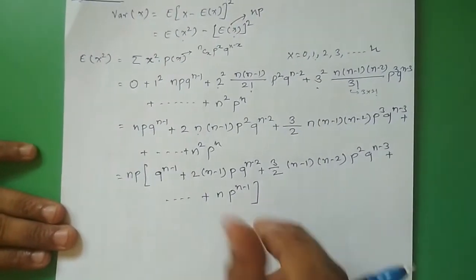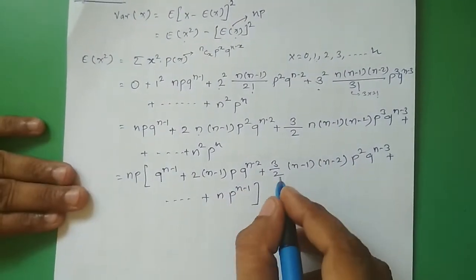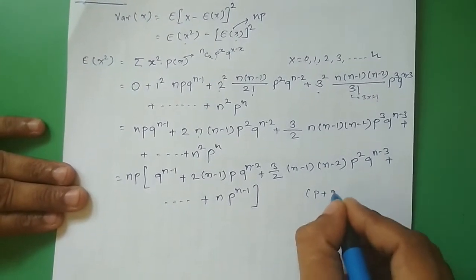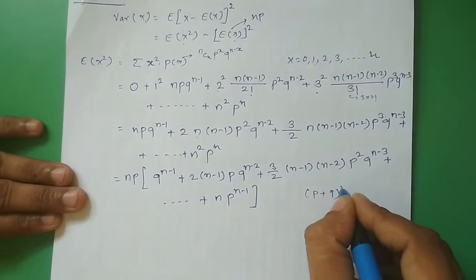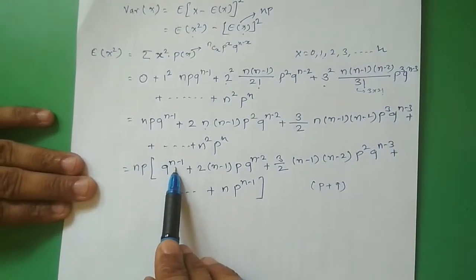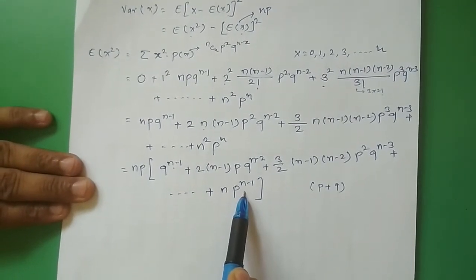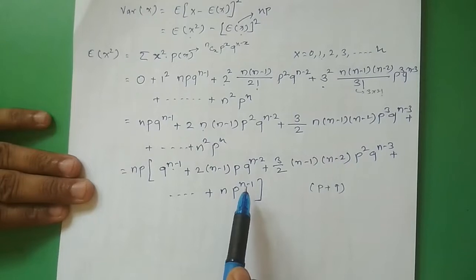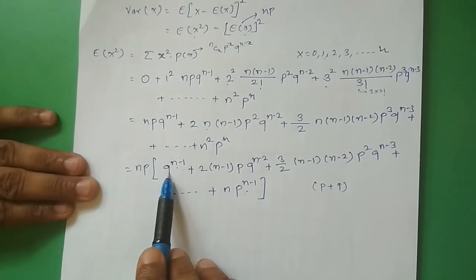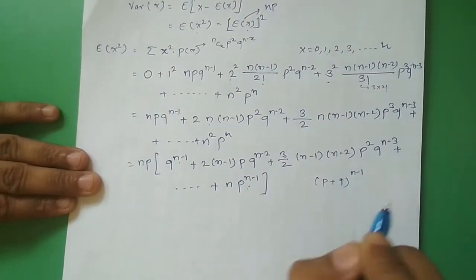Okay, right now we have to adjust this term in such a way that we will find out the equation in the form of p plus q raised to anything. Okay, p plus q raised to anything. So here we have seen that the first term is q raised to n minus 1 and the last term is p raised to n minus 1. So if we carefully observe, then we are able to write down this term in the form of p plus q raised to n minus 1.